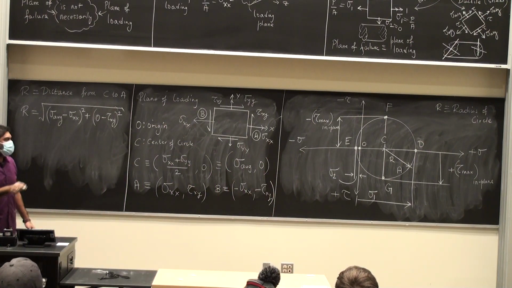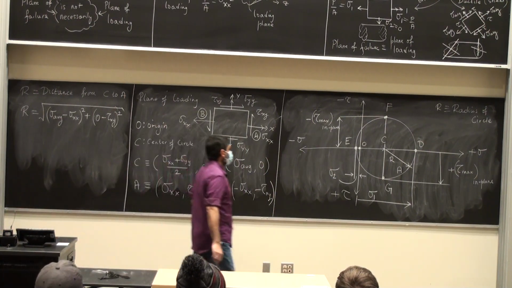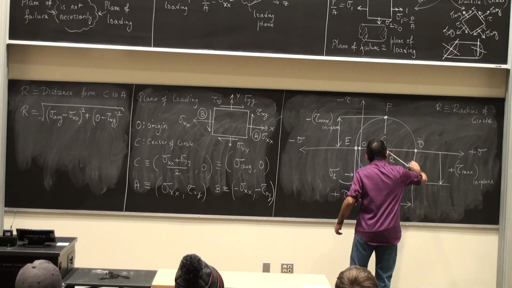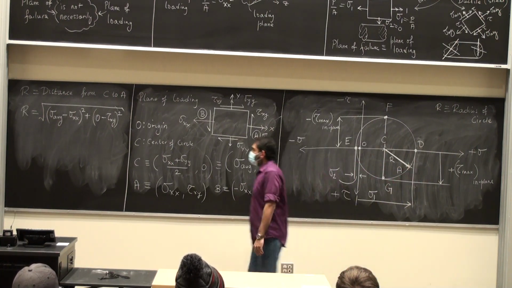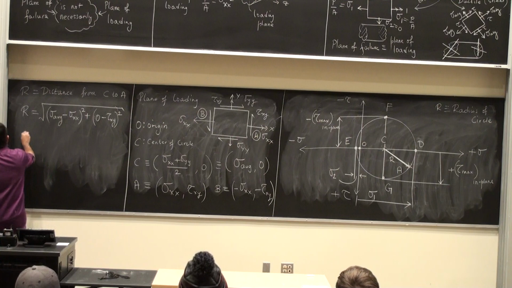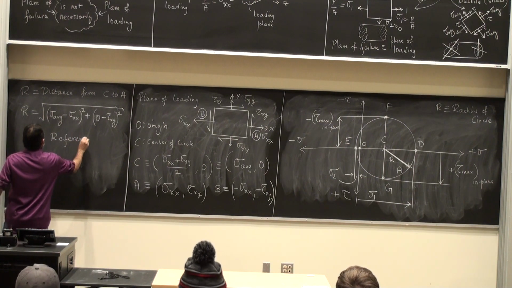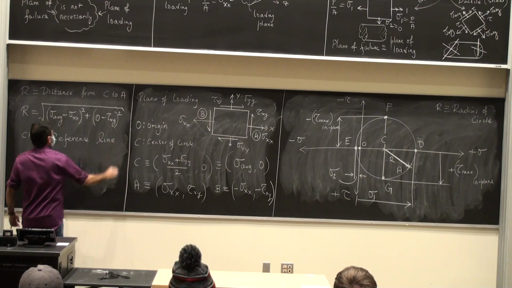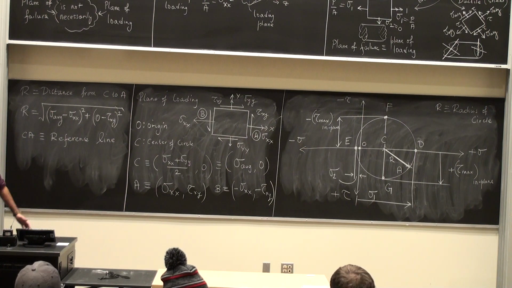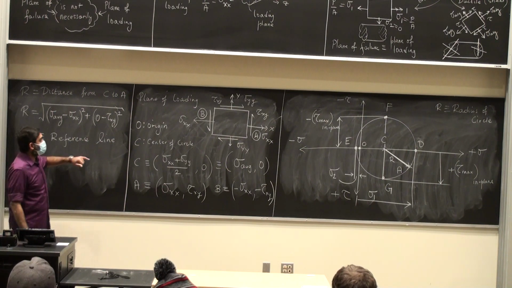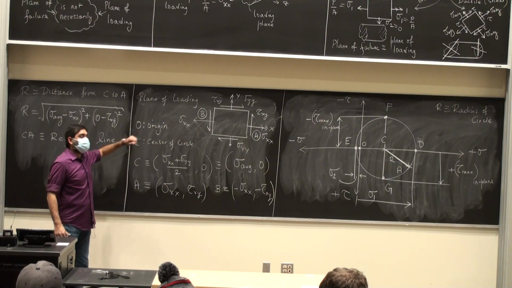This line AC is called the reference line. Okay. So AC, CA, reference line. So whenever you draw the Mohr circle, the things that you need: origin, easy, 0, 0.